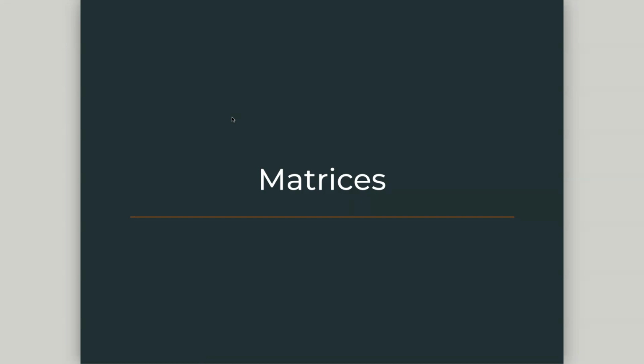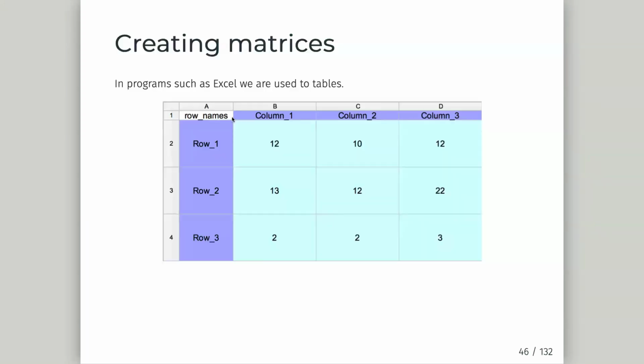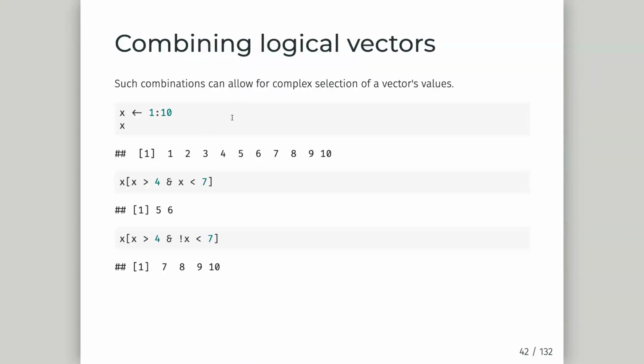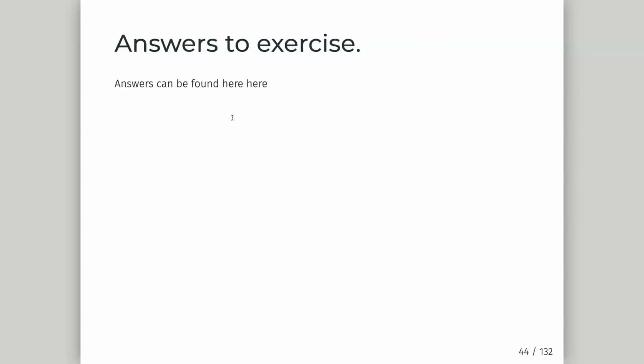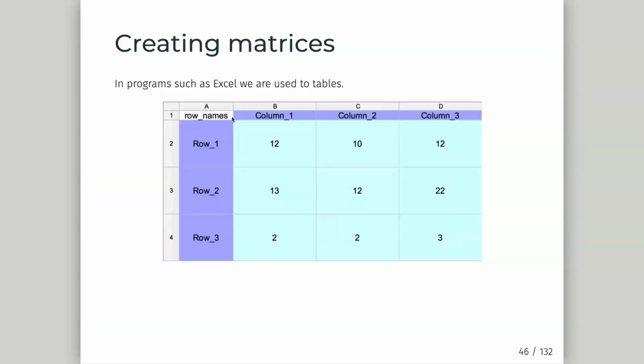Okay, so we've dealt really with the most basic type of data, which is vectors. Most of the data we're going to look at comes in some type of table format, like Excel, or OpenOffice, or LibreOffice, whatever we're using. I think this is OpenOffice.